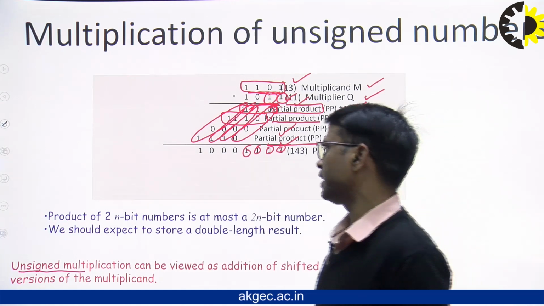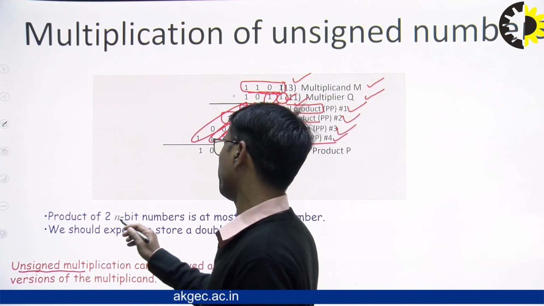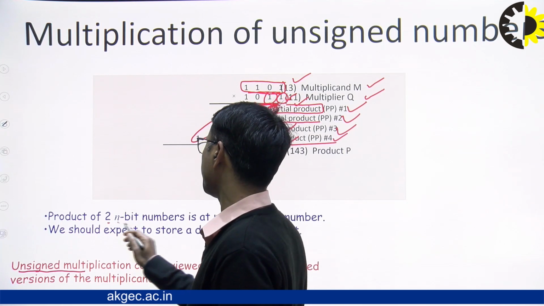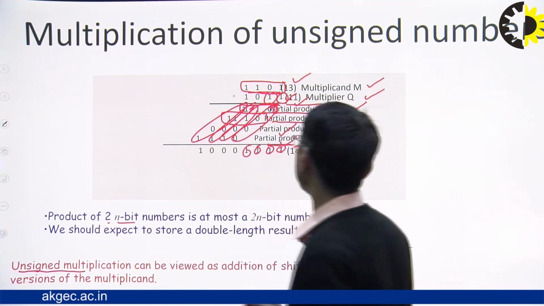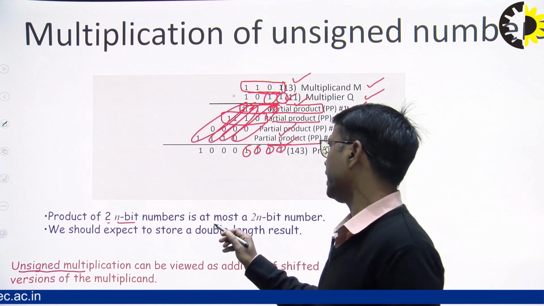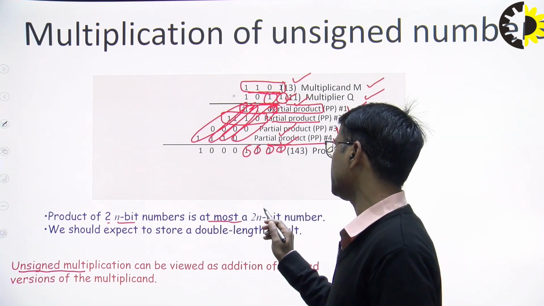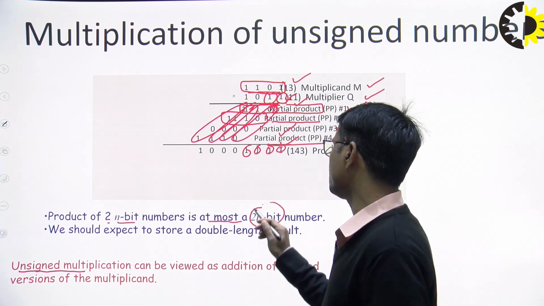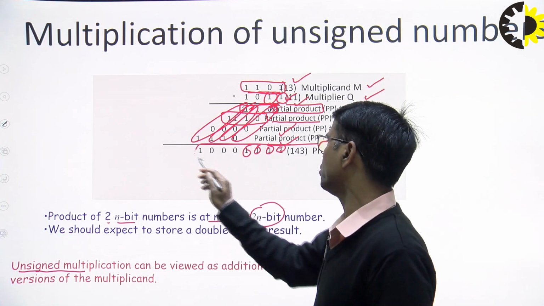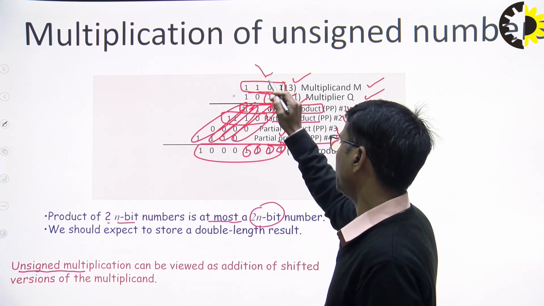Here we can see that we are making a product of two n bit numbers, and the multiplication of these two numbers consumes at most 2n bits. So, these are n bit numbers and the output is a 2n bit number.